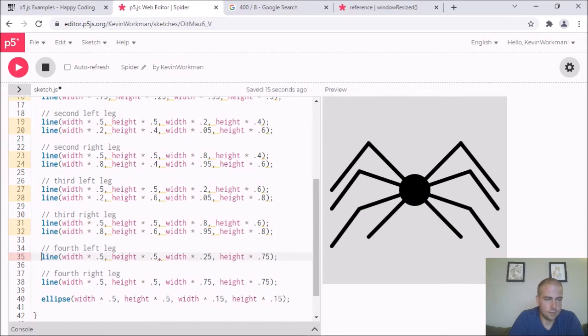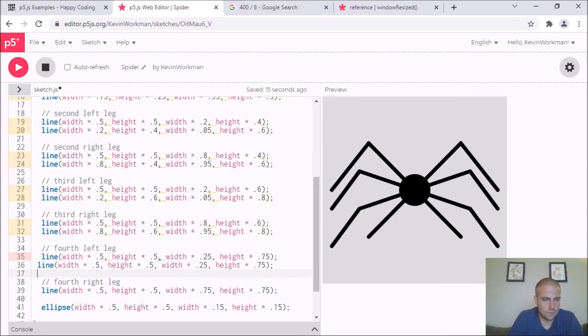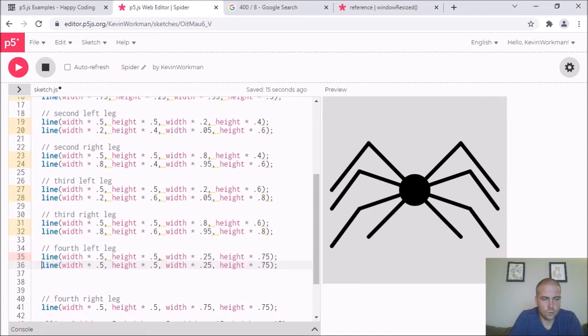So, same deal. Start at the endpoint, so 0.25, 0.75, and this one's going to be a little weird, I think, because I don't know if I want this to align with the left edge. I think that would end up looking kind of like a straight line.